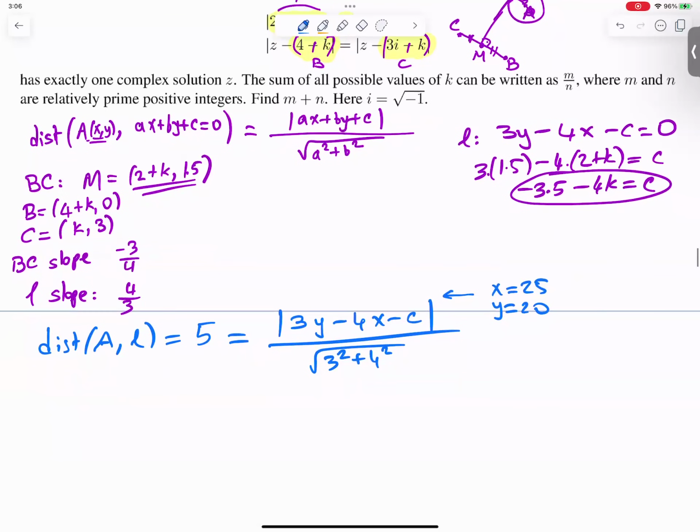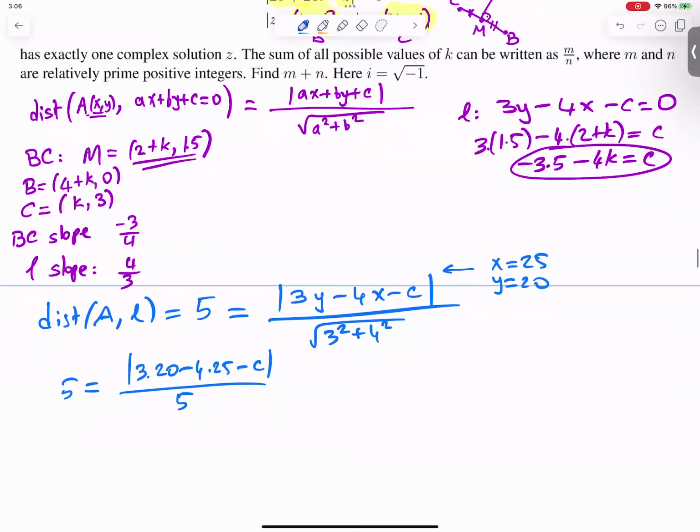Okay, so let's try it again. We get 5 equals the absolute value of 3 times 20 minus 4 times 25 minus c, divided by 5. So this gives us 60 minus 100, negative 40. So c plus 40 is plus or minus 25.